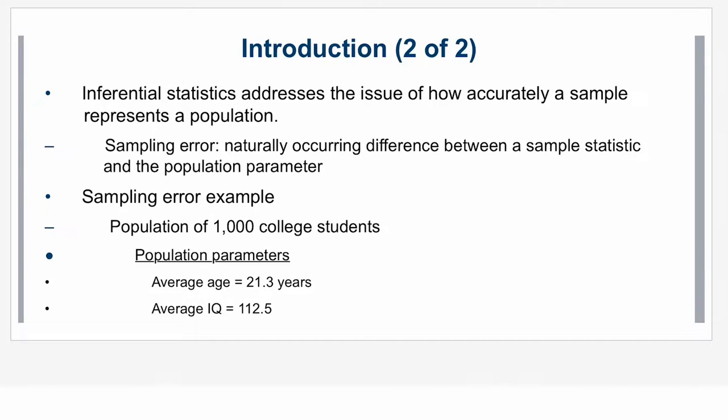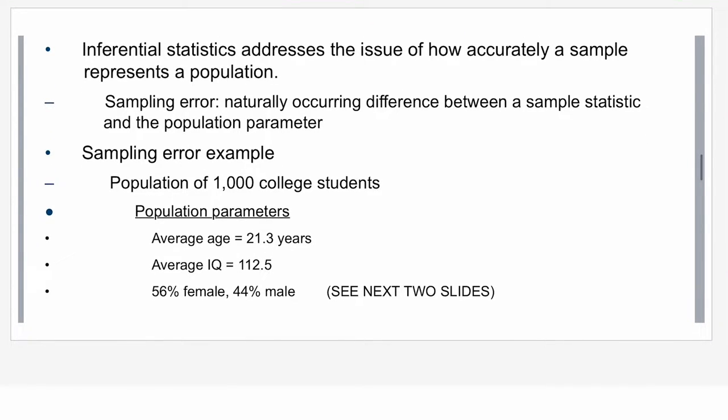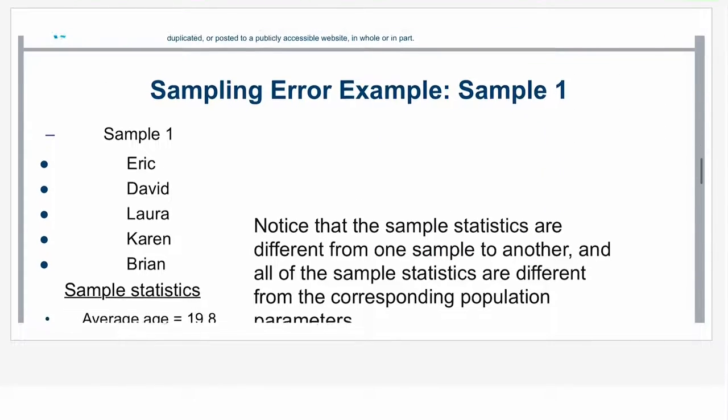To give you an example of sampling error, there's figure 15.8 in your book, but we have the parameters right here on these next two slides. So the population parameters, you see average age is 21.3 years, average IQ is 112.5, and then 56% female, 44% male. So this is the population parameters, right? So we select two different samples.